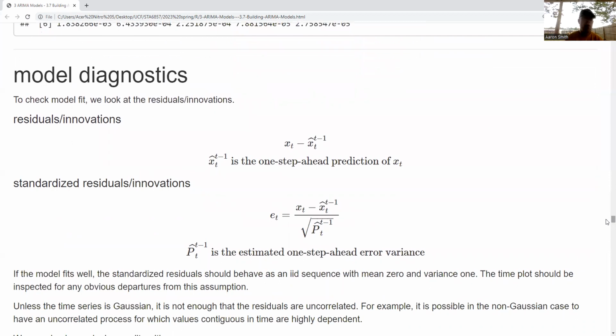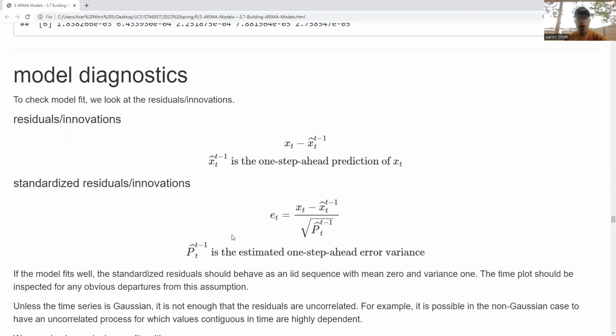All right, so to check model fit, we're going to look at the residuals, which are also called innovations. When I talk about residuals, I'm going to say the one step forward prediction is how I'm going to get the residual. So I'm going to take the observed value, and I'm going to take the prediction I would get from making a prediction right before I observe the upcoming data point, where we predict one step into the future.